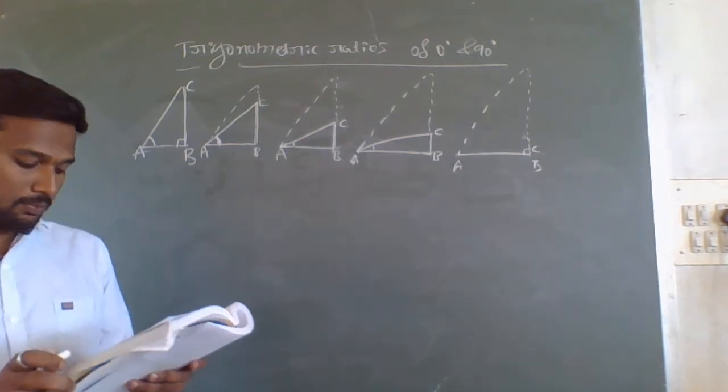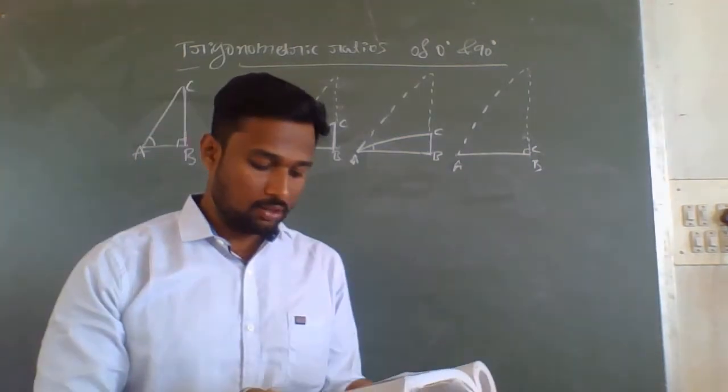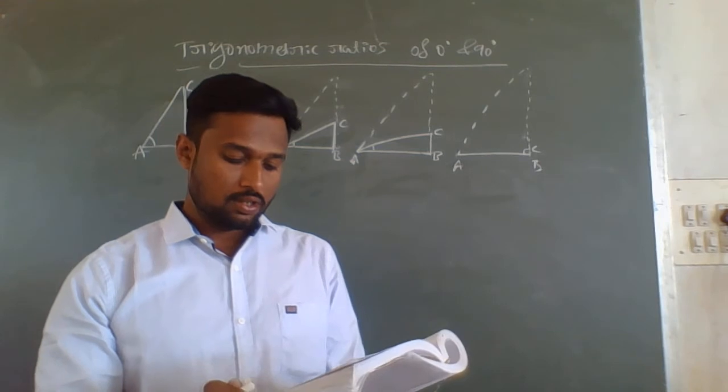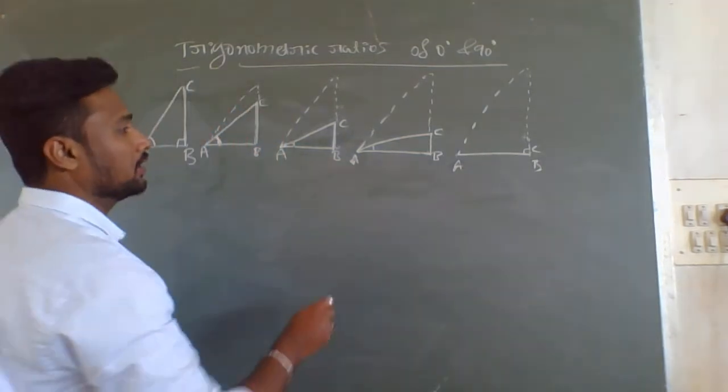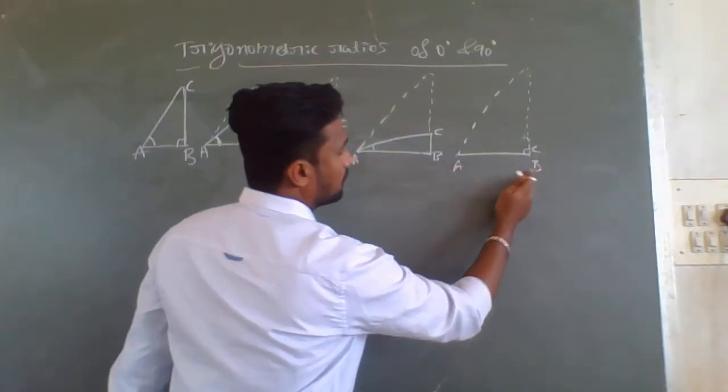When angle A becomes very close to 0 degree, AC becomes almost same as AB. Here you can see almost AC becomes AB.